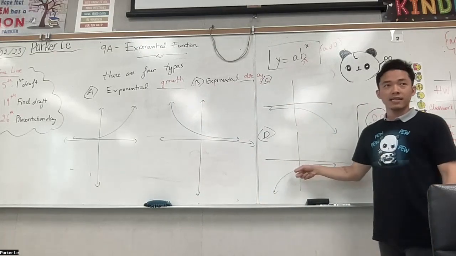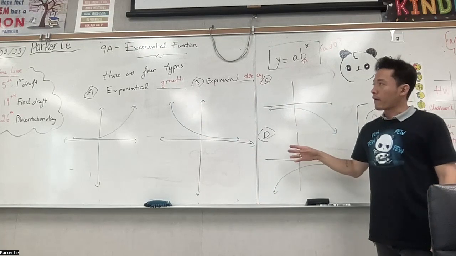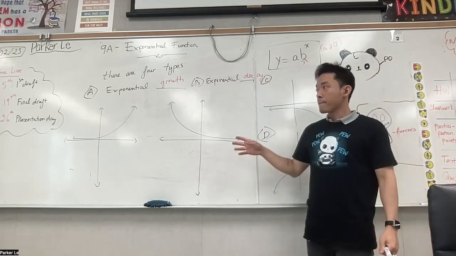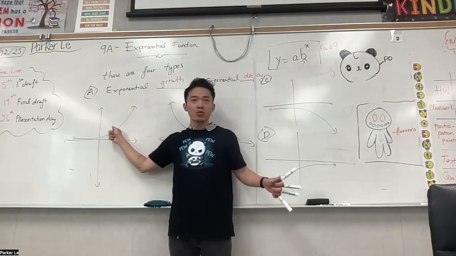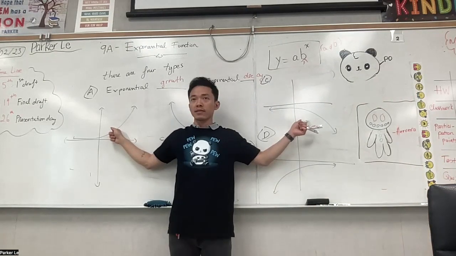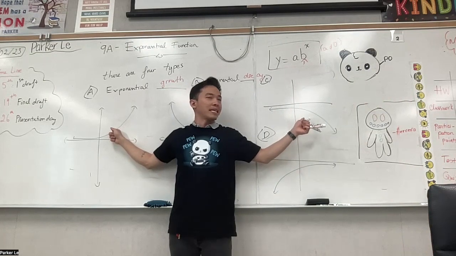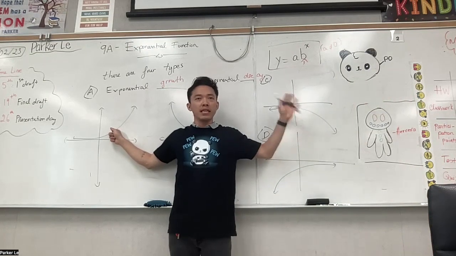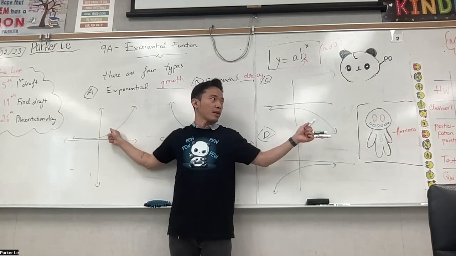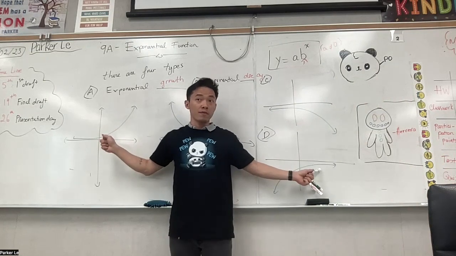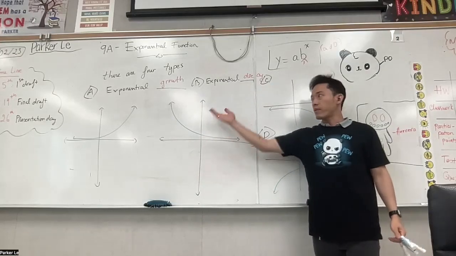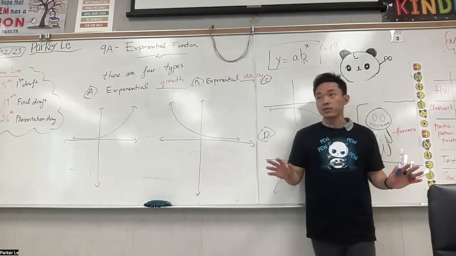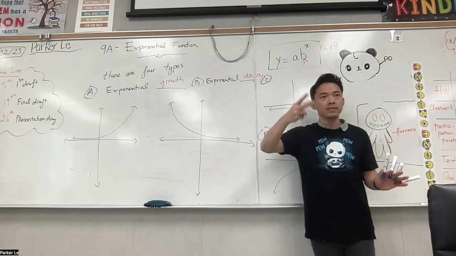And C and D, we flip this thing. Do you see that if I flip this one over the x-axis, I get this one? So this is also decay, but we don't really need a name for this because they just flip over. And this one is also growth, but it's the flip of this one. If you remember the transformations, when we have a negative, you flip.